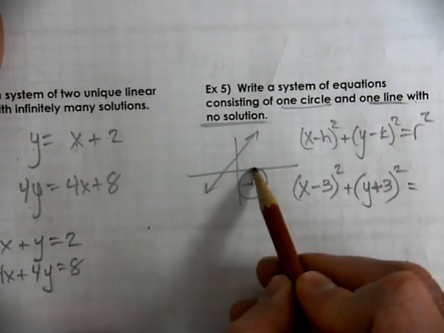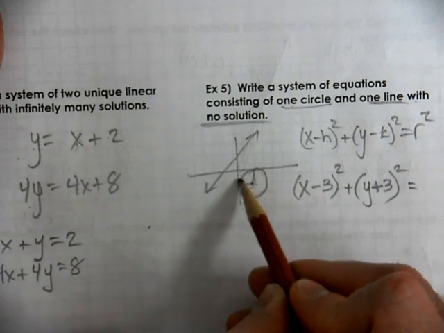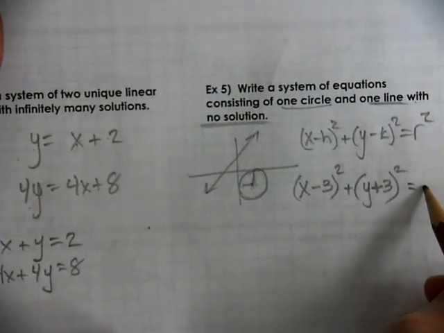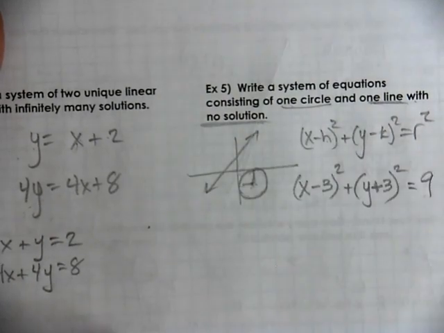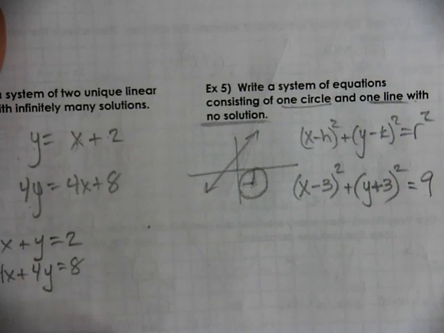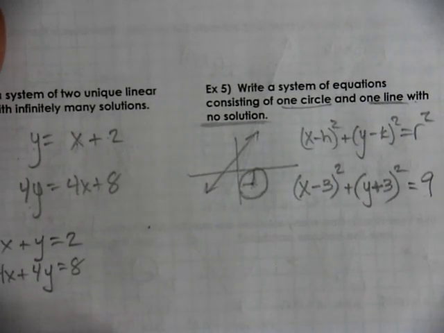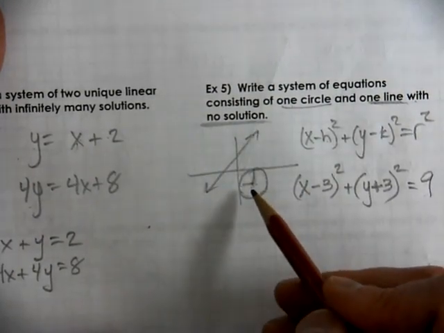So if this is over 3 and down 3, and my circle is going to touch the edge of these axes, then my radius has to be 3 squared, otherwise known as 9. There's my equation of my circle. Make any equation you want. Then you need an equation of a line that's not going to touch that circle.